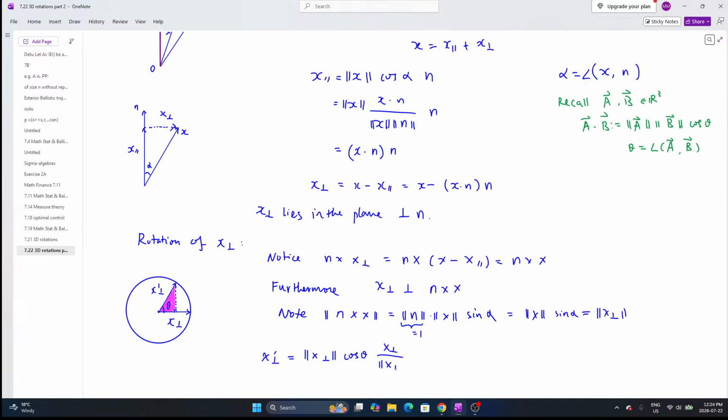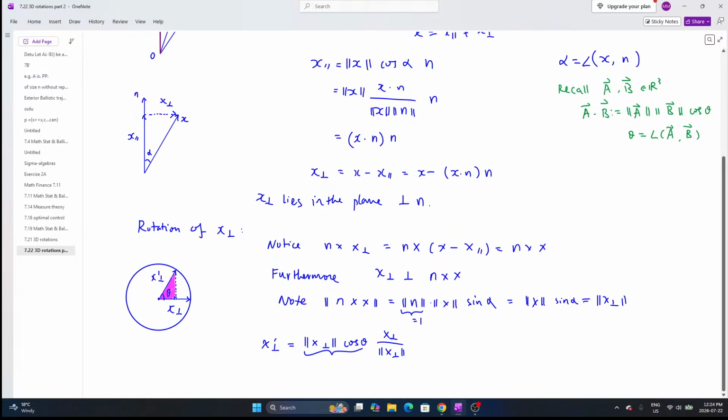So this is x perpendicular times cosine of theta. This is one of the legs of the right triangle. Then times the unit vector in the direction of x perpendicular.